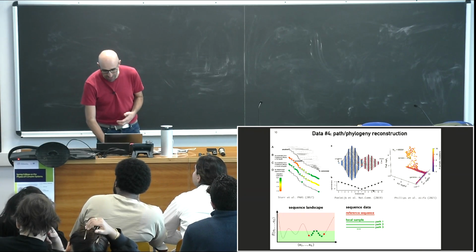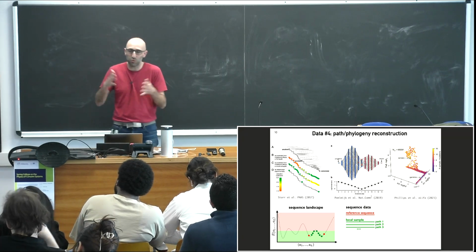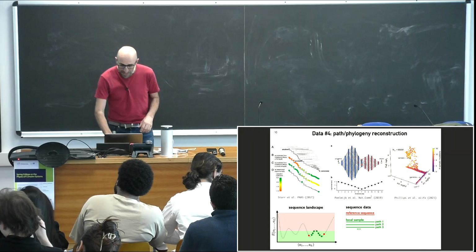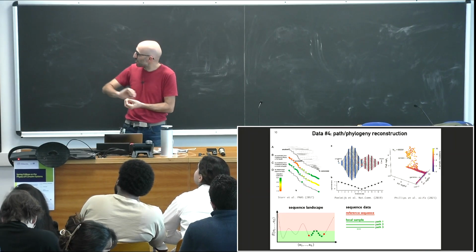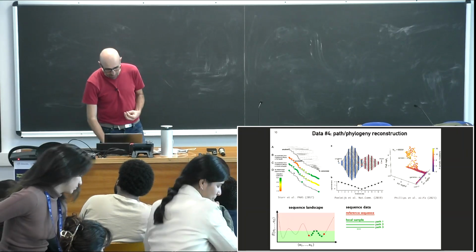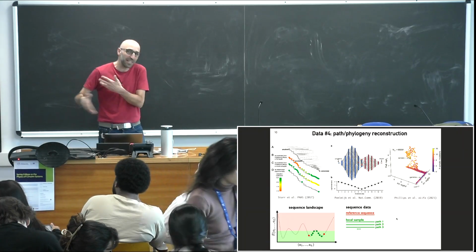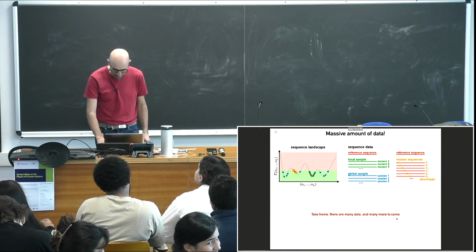So in this experiment, they have two proteins that differ by 13 mutations, and so you can do all the 2 to the 13 intermediates. In this experiment, they could only reconstruct one path, but they studied the evolution along that path. And there are many data of this type that are appearing now.